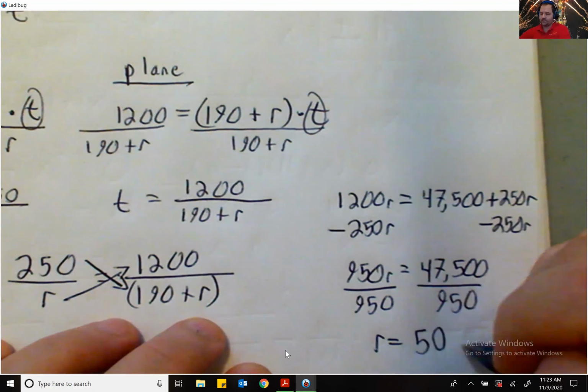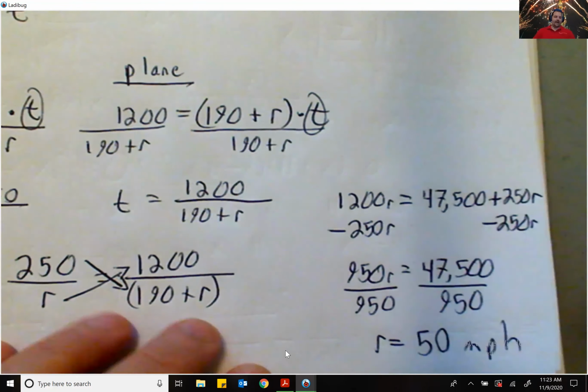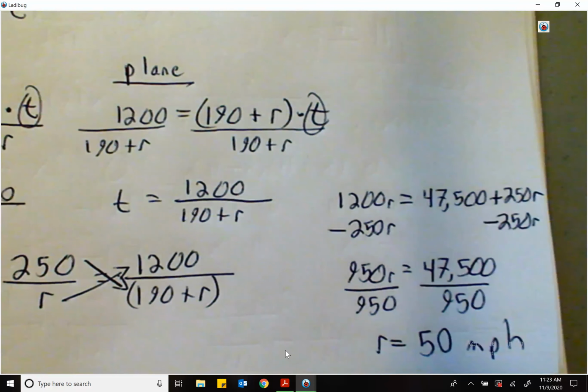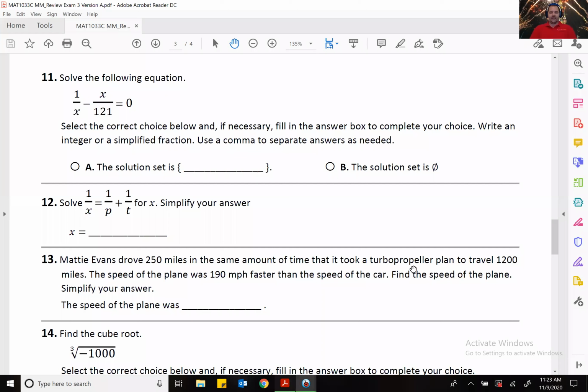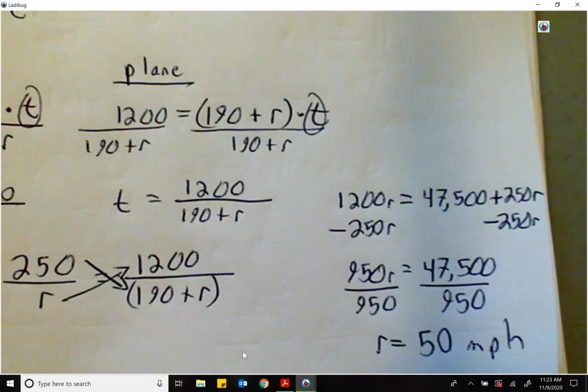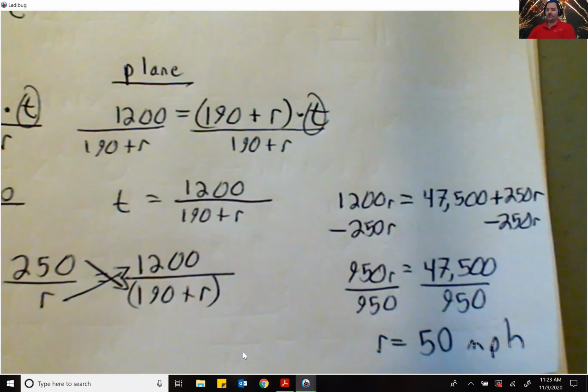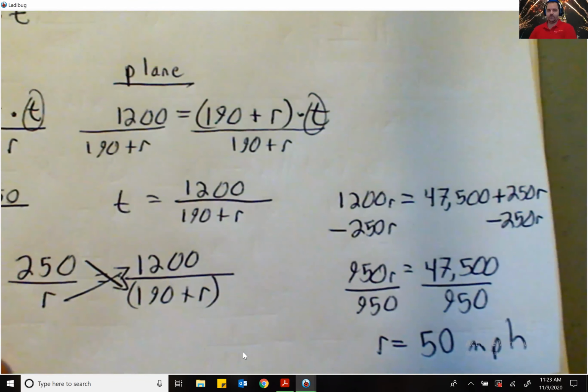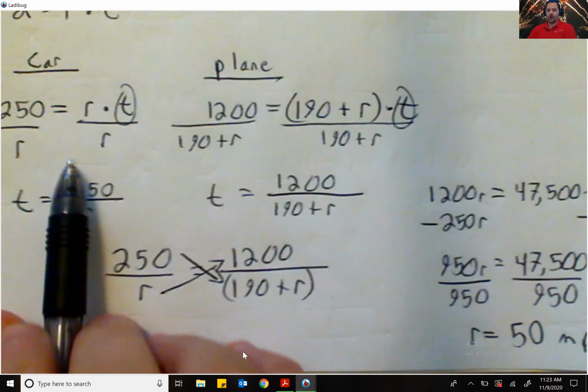50 miles per hour. But is that who we're after? Who did we want in the end? Not the time. Let's go back and look. It says find the speed of the plane. So was the plane speed 50 miles per hour? No. Remember, R represented the car.